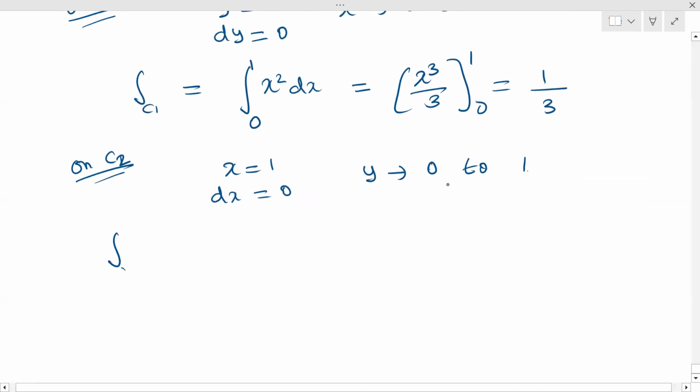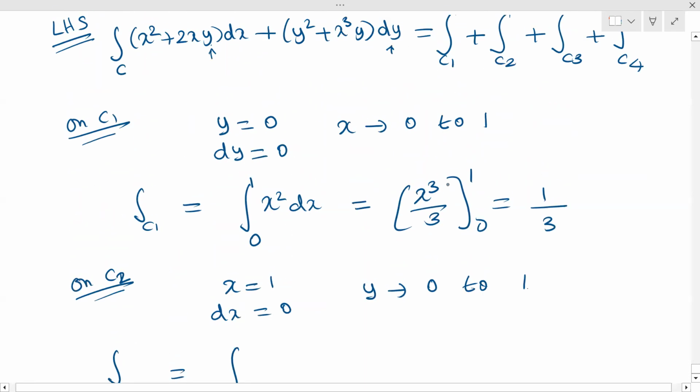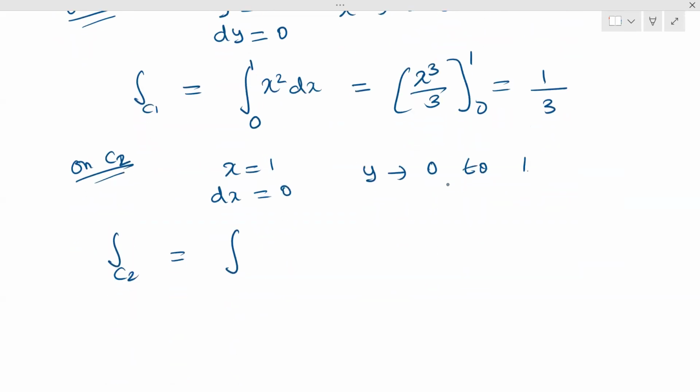So integration of C2 equal to, here x equal to 1, dx is 0 means this term becomes 0. So we have to put x equal to 1 here. Okay. X equal to 1 and dx is 0 means this whole term becomes 0. Here we put x equal to 1. So what we will get? Y square plus y dy.